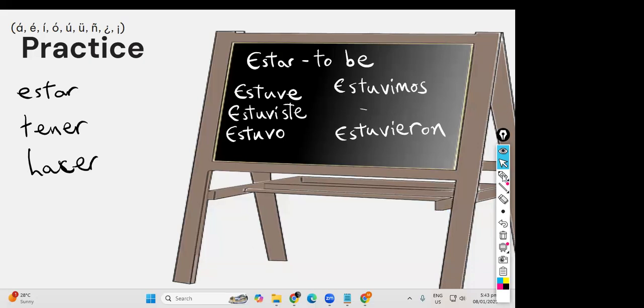All right, so you'll notice that the stem is a drastic change here, E-S-T-U-V. But the endings themselves are not so different: E, I-S-T-E. So what's missing is the accent, right? It's just E. Then I-M-O-S, imos. I-E-R-O-N, ieron.